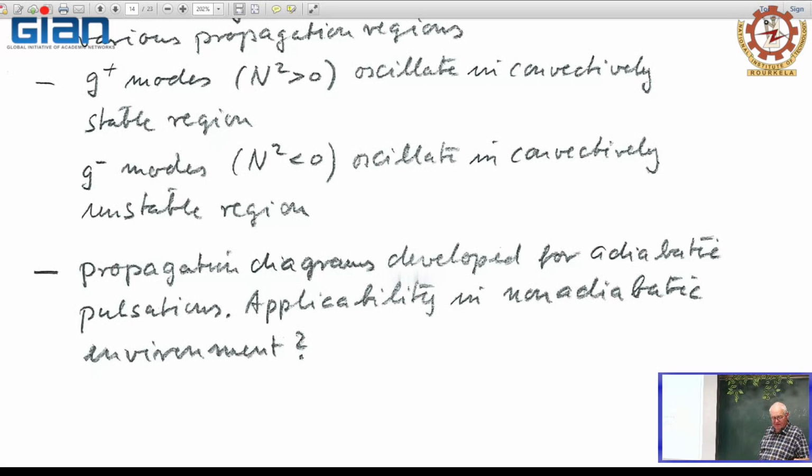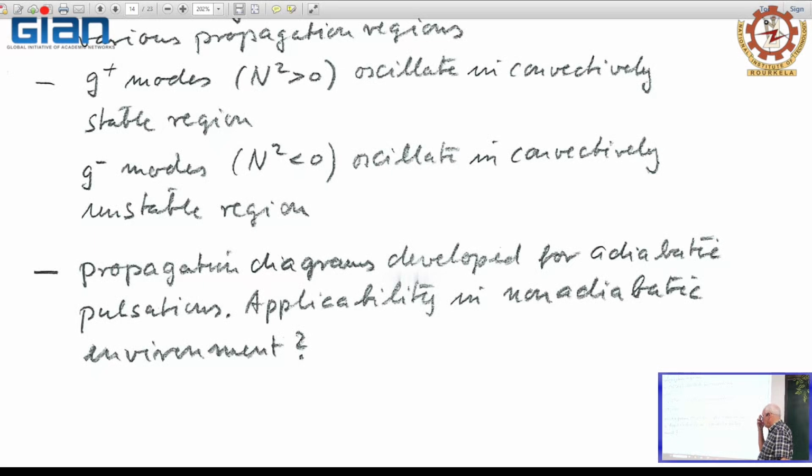The answer is largely yes. You can apply this discussion with respect to oscillation, propagation, evanescence, exponential decay, also for non-adiabatic environments. But of course, it is not derived for these environments.